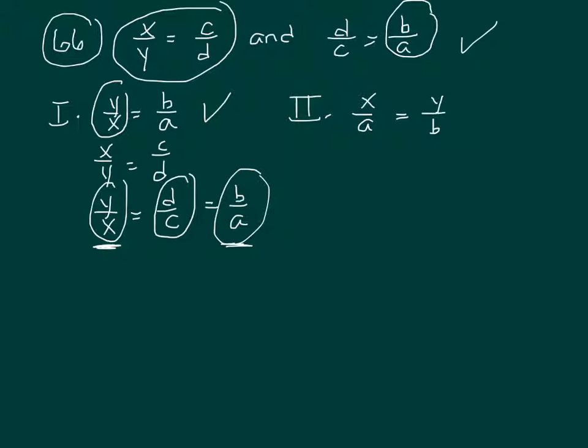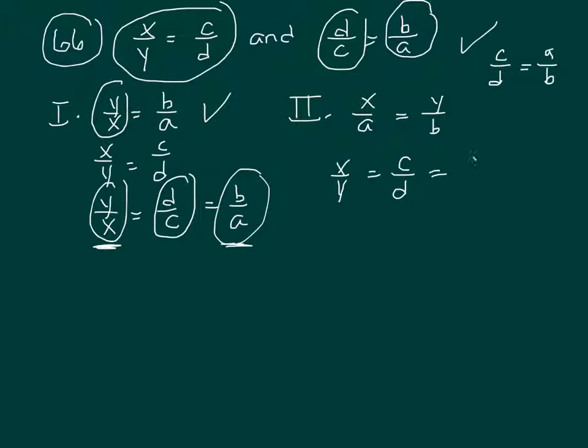So let's start with what we know: x over y equals c over d, and c over d, we know, would equal a over b.